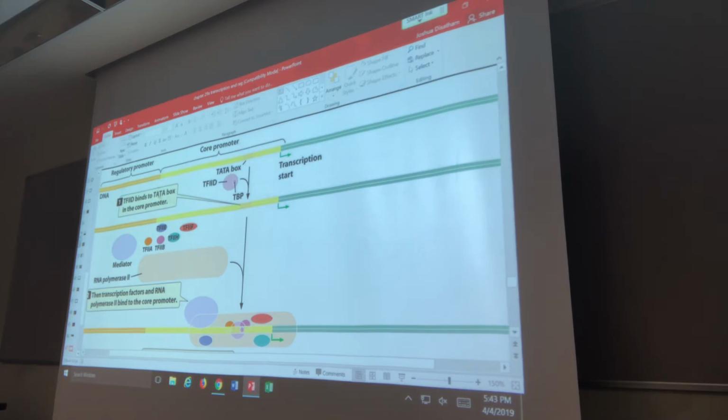We have a region just upstream of this gene called a promoter region, and you'll notice they have two different names here: core promoter and regulatory promoter. I'll go over that in detail in a little bit, but they both serve basically the same type of function that you see in prokaryotes. It's a region directly upstream from this gene, meaning these will not be transcribed. I'll go over some exceptions in a little bit. These will not usually be transcribed, and they contain sequences, base patterns, which transcription factors like to bind to.